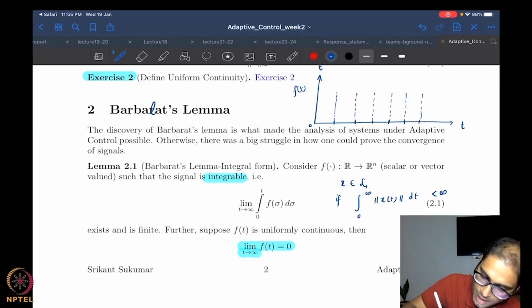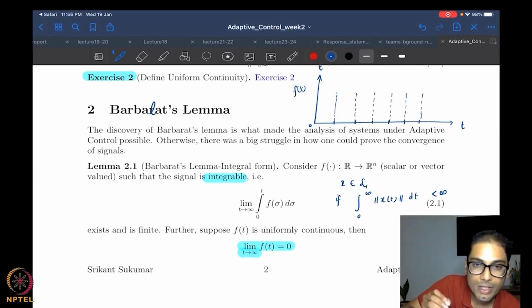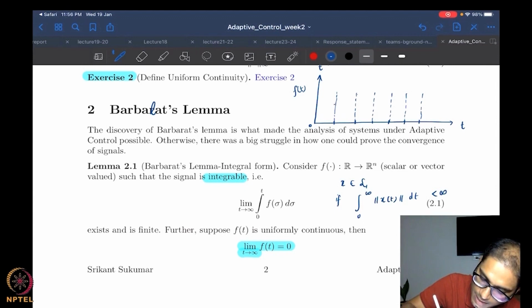At time 1, the height is 1, and the width is also 1, like this.